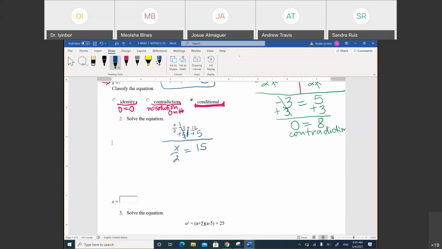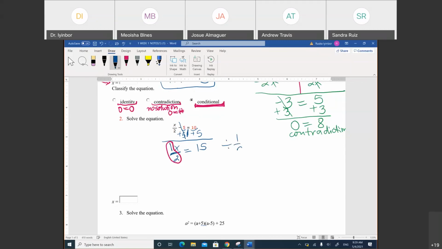Okay. Then the last step here is to divide by the number in front of x. What is in front of x? It's 1 over 2. That's the number in front of x. 1/2 is connected to x, right? So technically you have to divide by 1/2, right?